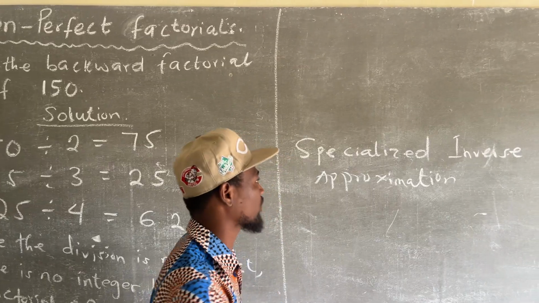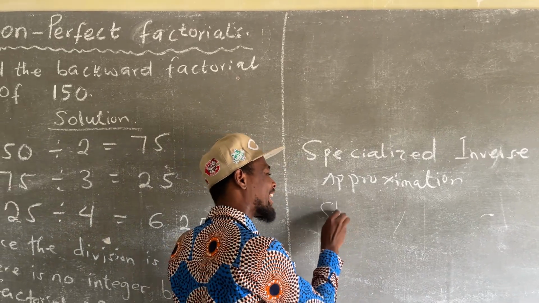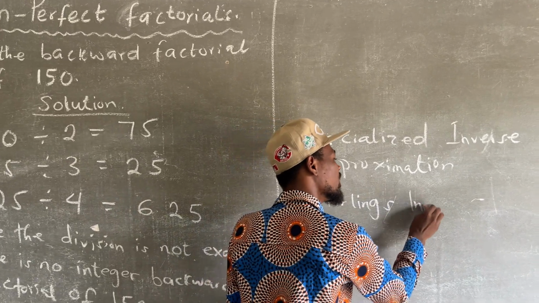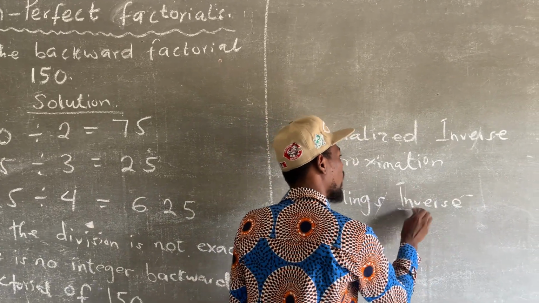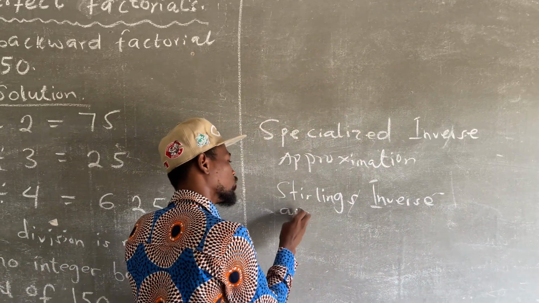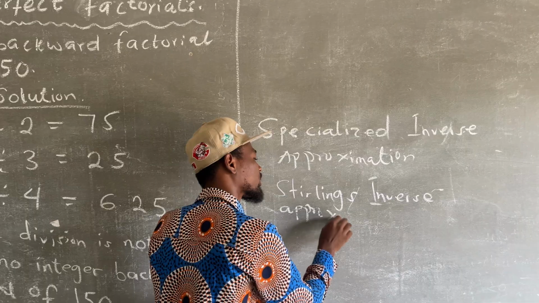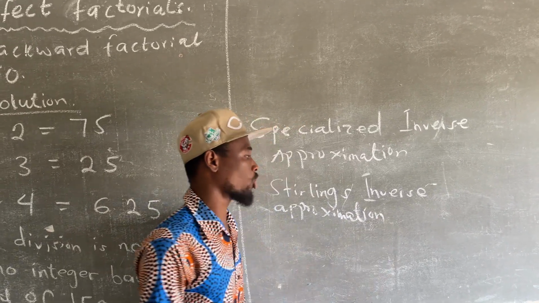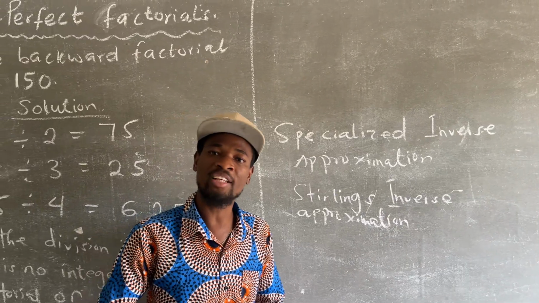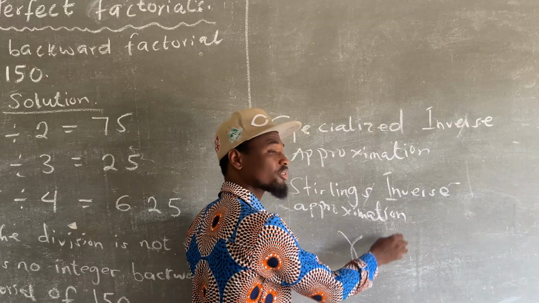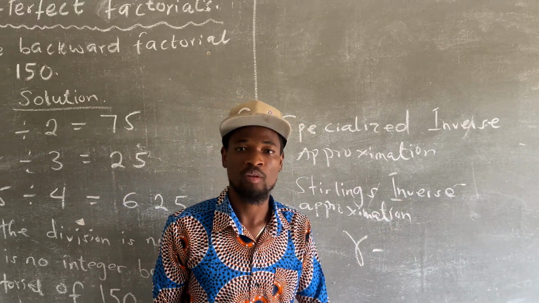More specifically, we call it Stirling's inverse approximation to evaluate non-perfect factorials. As simple as that. Others also use what we call the gamma function.